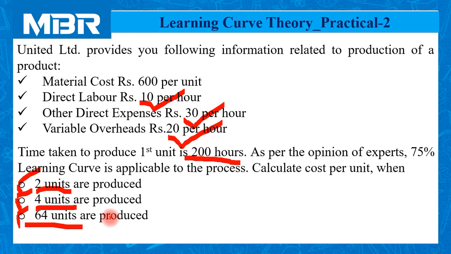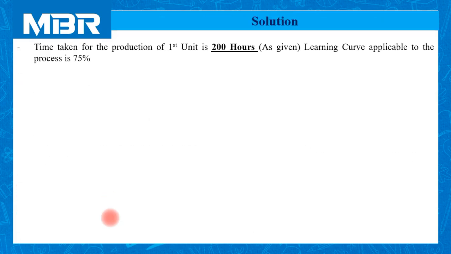Before calculation of cost for 2 units, 4 units, and 64 units, it is necessary for us to prepare a statement of total labor hours required. For that, we need to prepare a separate table.